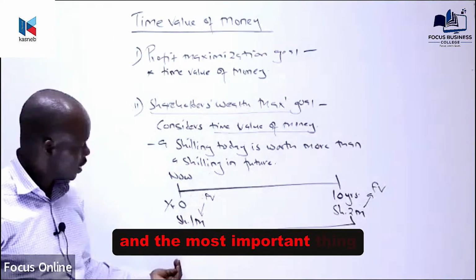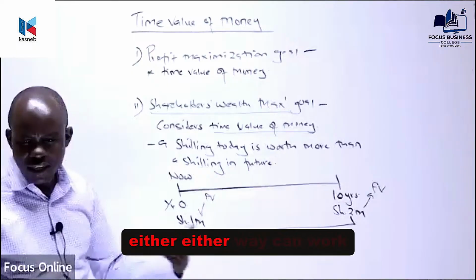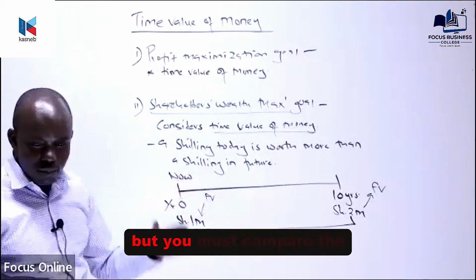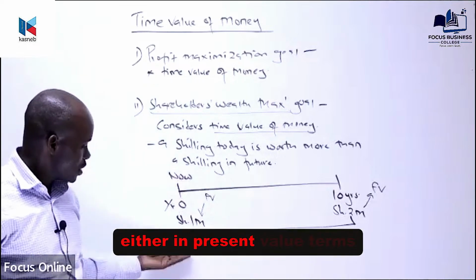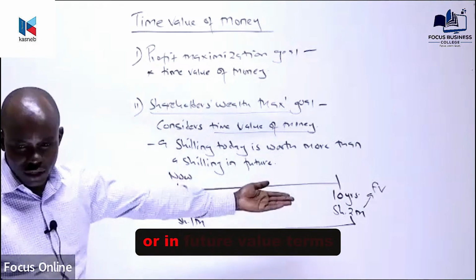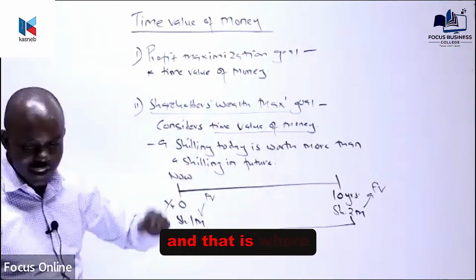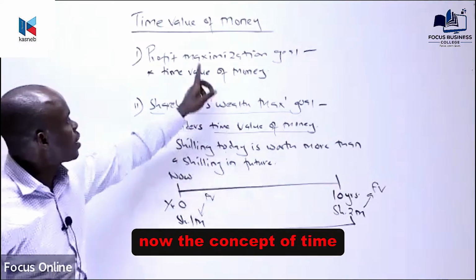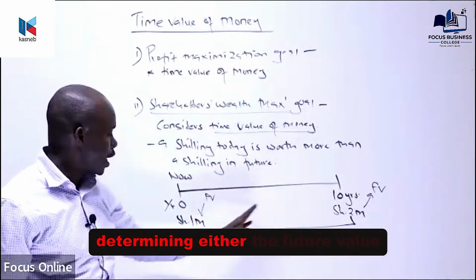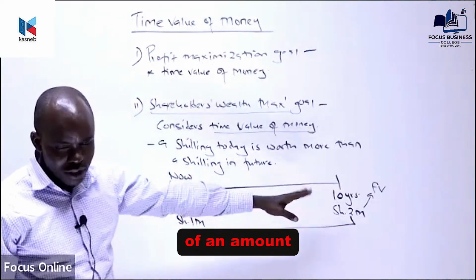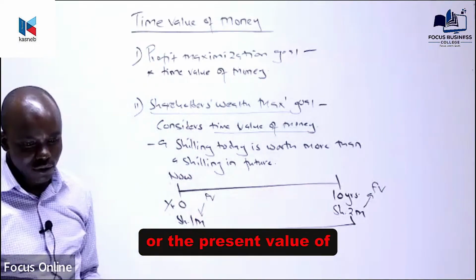Either way can work, but you must compare the two amounts in the same form, either in present value terms or in future value terms. And that is where the concept of time value of money comes in, determining either the future value of an amount or the present value of an amount.